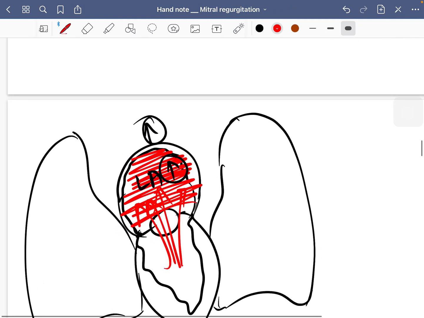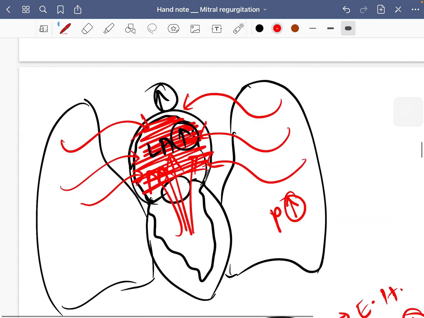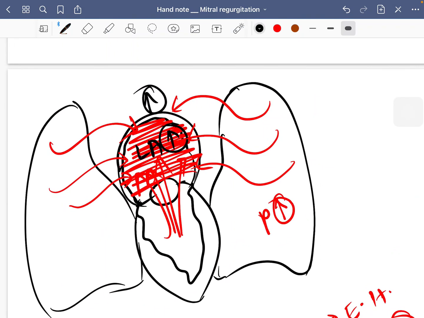That's why the oxygenated blood cannot come easily from the lungs to the left atrium through the pulmonary vein, because the tendency of blood is to go forward from high pressure to low pressure, and normally in the lung bed the pressure is more, and in the left atrium the pressure is less.